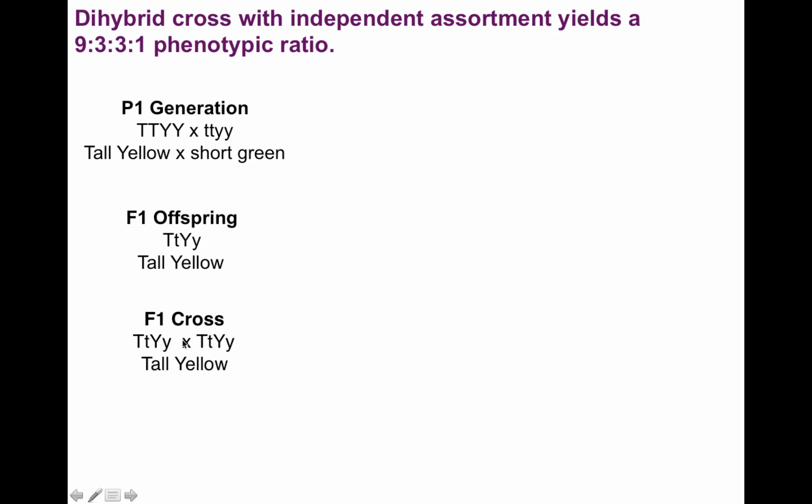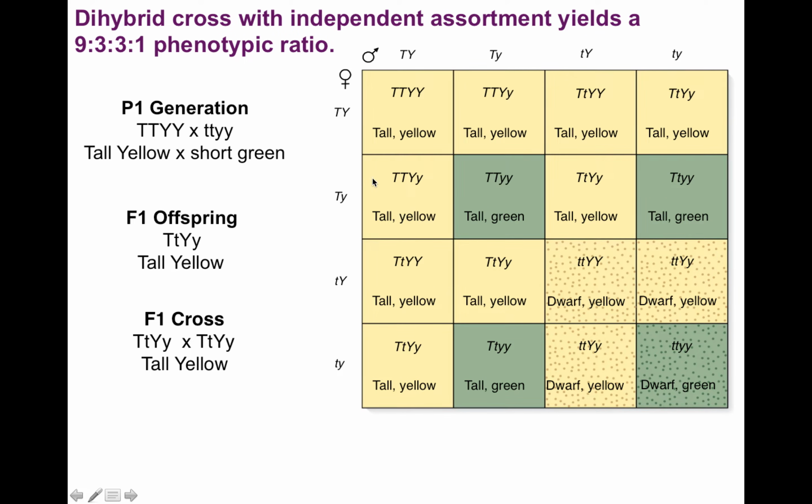If we cross our F1s together and generate an F2 generation, we can determine what the phenotypes are by filling out a Punnett cross. Remember, in a Punnett cross, across the top are the genotypes of the sperm, and on the side are the genotypes of the eggs.